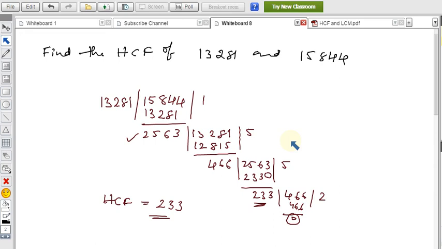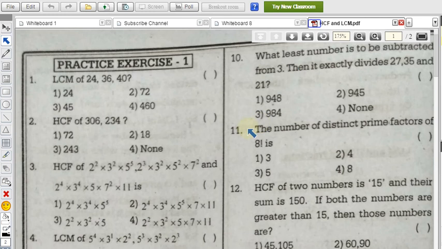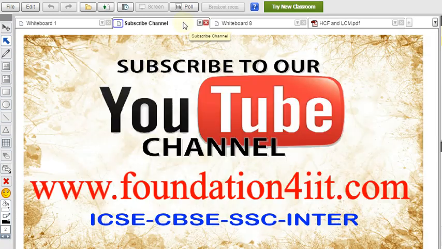Fine. Now let us see some important points in HCF and some questions here. This is the worksheet practice exercise. See friends, this worksheet and some other worksheets you can directly download from this website, including solutions.